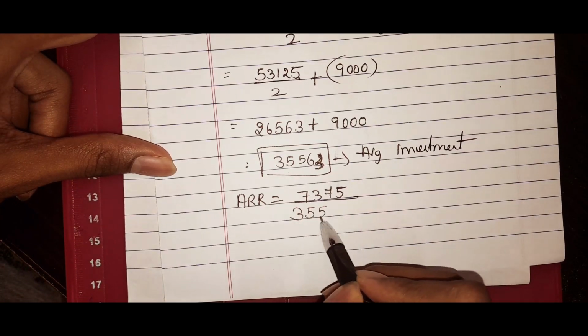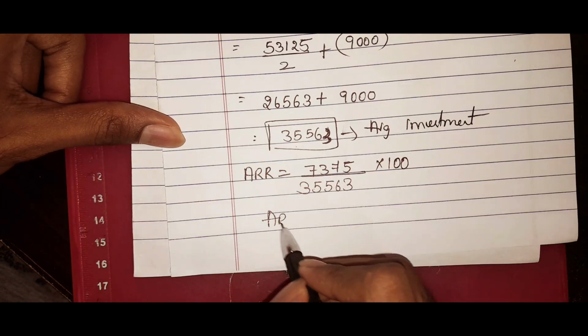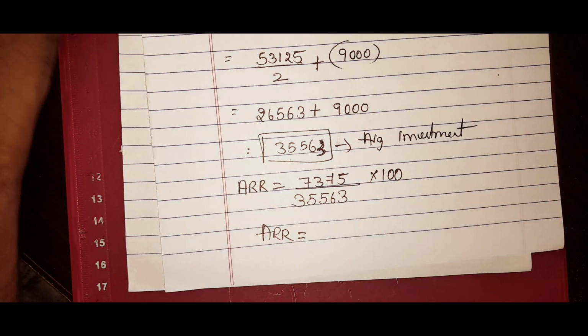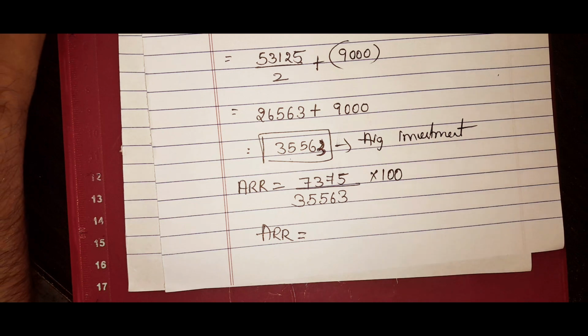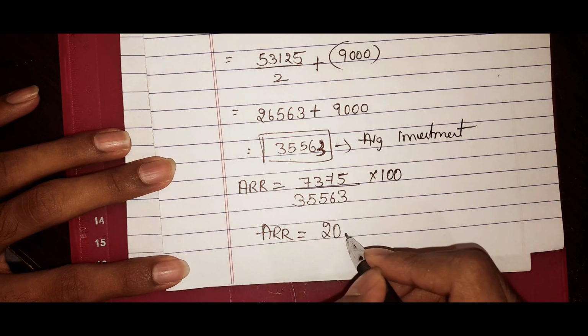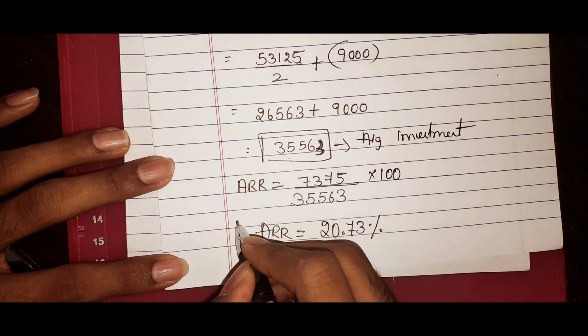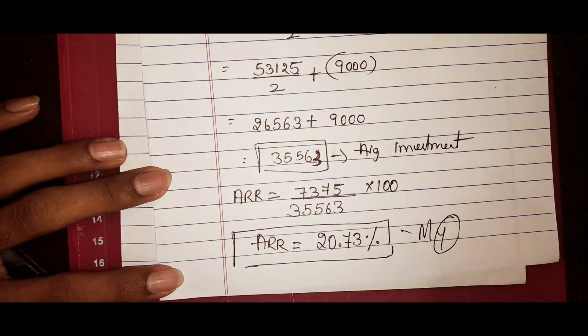Average investment is 35,563 into 100. If we evaluate this, we will get ARR. So 7,375 divided by 35,563 into 100, it will be 20.73%. ARR is 20.73% for machine Y.